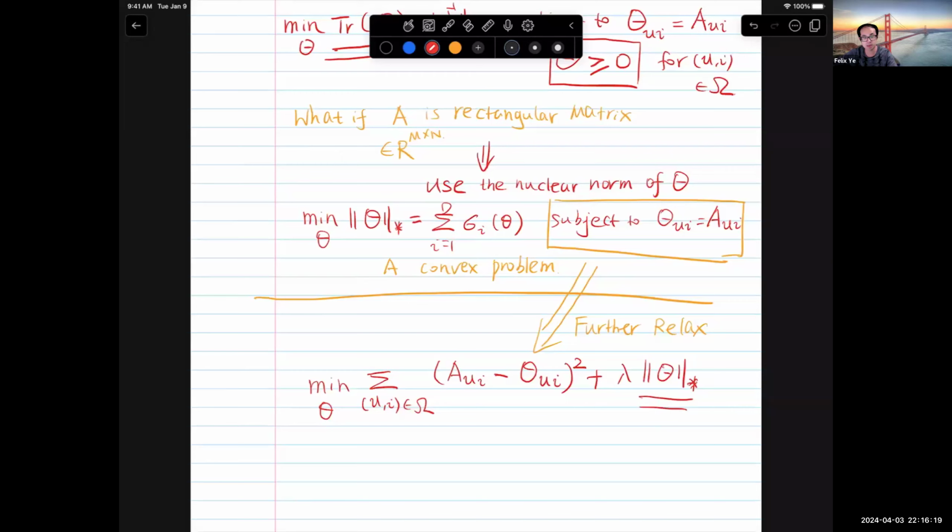This time, it is not only convex, it becomes strictly convex. So that means it can have a unique solution. Okay, so this is very good.